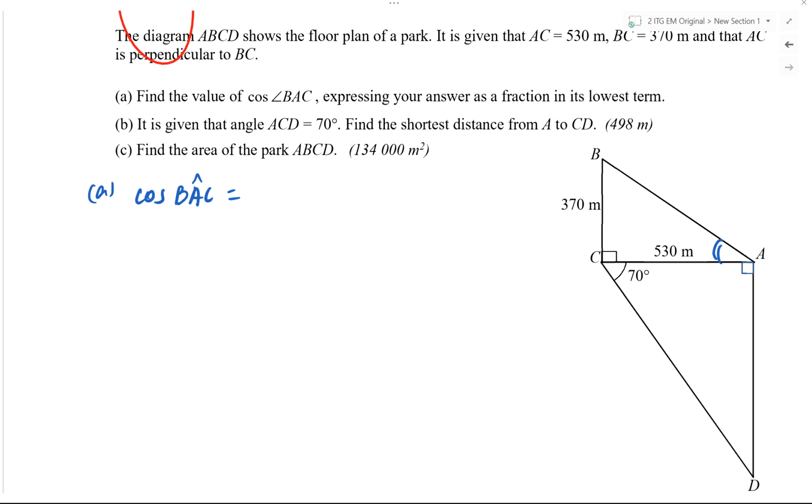Right, so adjacent is 530 divided by the hypotenuse, which is BA. And we know that since it is a right angle triangle, BA is actually the square root of 370 squared plus 530 squared. And we're only interested in the positive value.